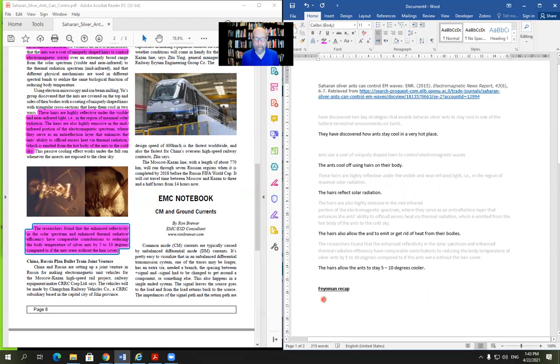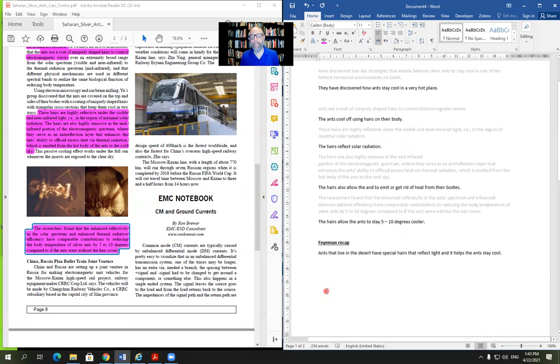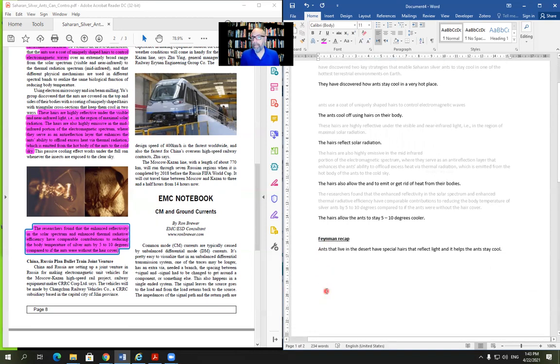So these are Saharan silver ants. So now I've written it in such a way that even a third or fourth grader can understand it.